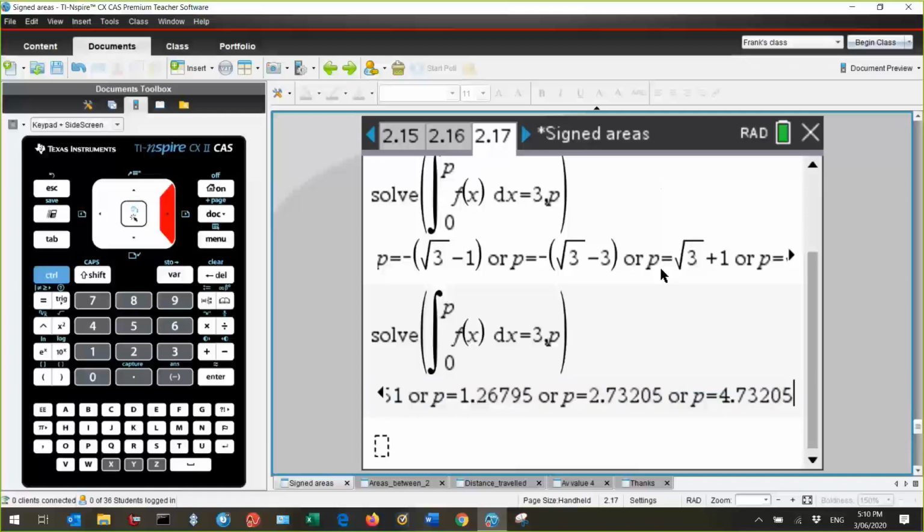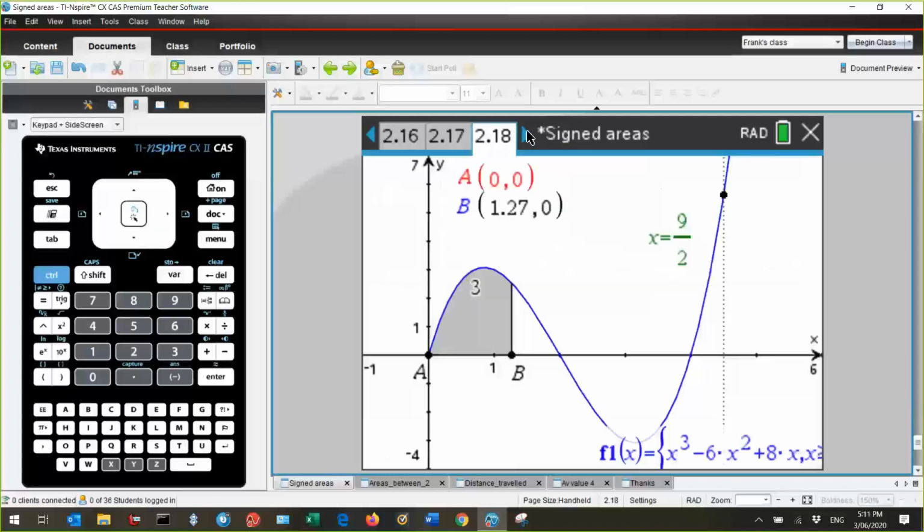So why is it that I get various values? Well, let's have a look here. So in the graphs application, I see that when I have a value of 1.27, I have an area of 3. Let's see when else I get a signed area of 3, in other words, an integral of 3.